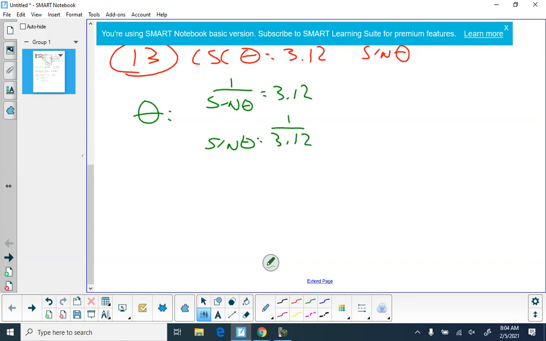So we have sine of theta is equal to 1 over 3.12. Now to solve for theta, we have the sine of theta there. How do we get rid of the sine on both sides? Take inverse sine.